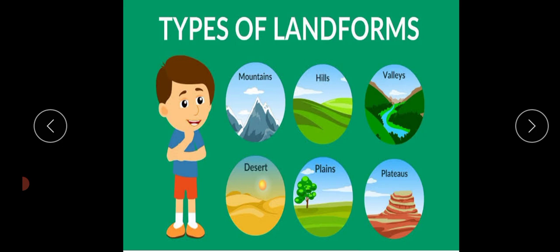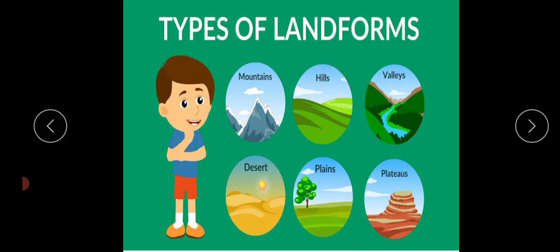So the first landform is the mountains. What are mountains? Mountains are the highest land which are having sharp peaks or sharp points. They are the highest lands.